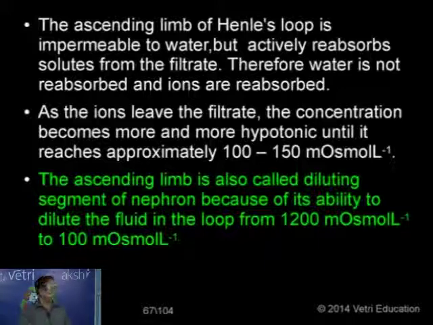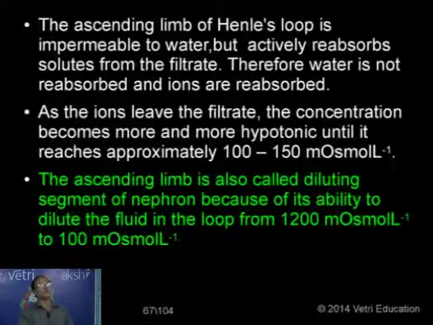So until it reaches approximately 100 to 150 osmolarity. That's why I said already the ascending limb is also called the diluting segment of the nephron, because of its ability to dilute the fluid in the loop from 1200 osmolarity at the bottom to an osmolarity of 100 towards the top. This is because of the effect of Henle's loop. That is why it is only the ascending limb, because it is impermeable to water but permeable to electrolytes.